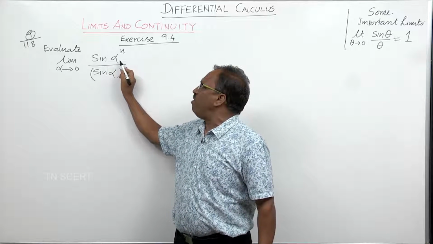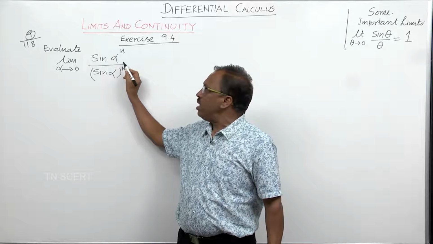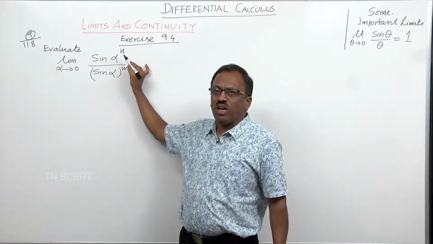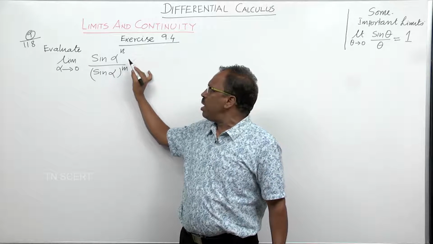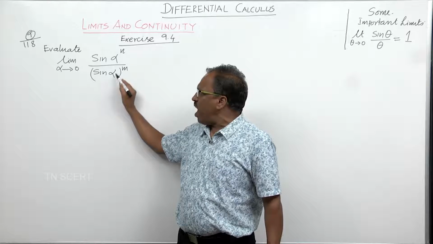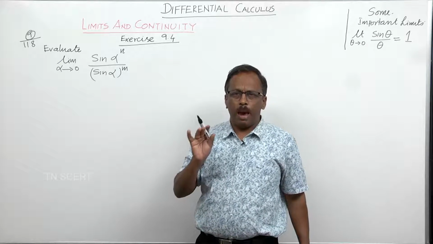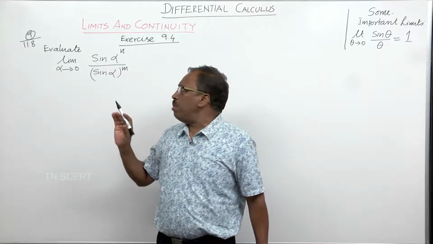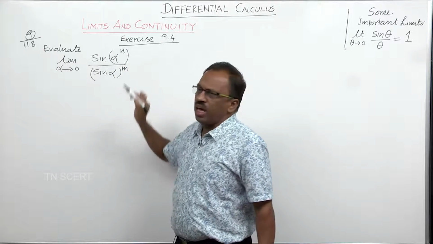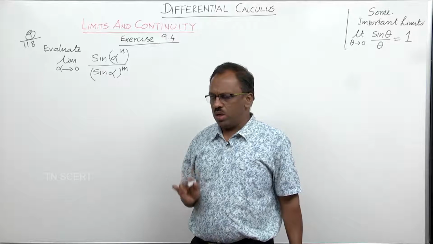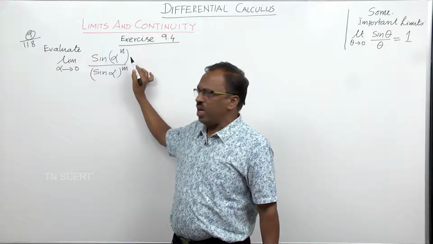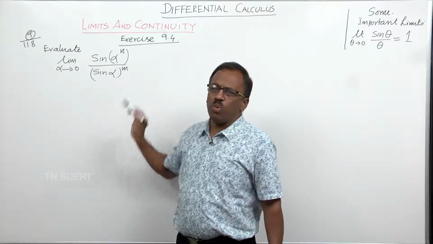Here, sin alpha power n, remember, alpha has the value n here, whereas here sin alpha, the entire value, has the power m. The book gives it like this: sin of alpha power n, and sin of alpha whole power m.